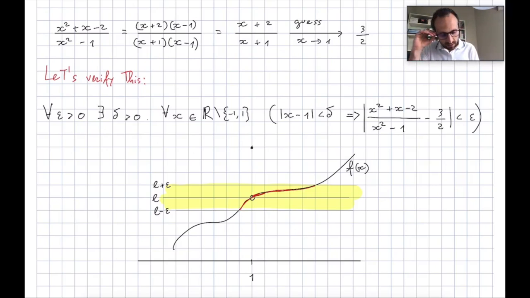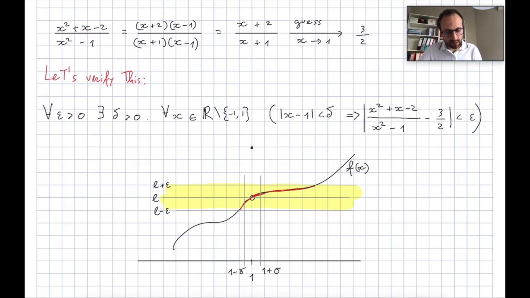So we ask ourselves, can we find an interval around 1 here so that all values of f around 1 end up in the yellow region? And the answer is yes. It's enough to select, for example, this region here. We just do this, and this is now gonna be 1 plus delta, this is gonna be 1 minus delta.